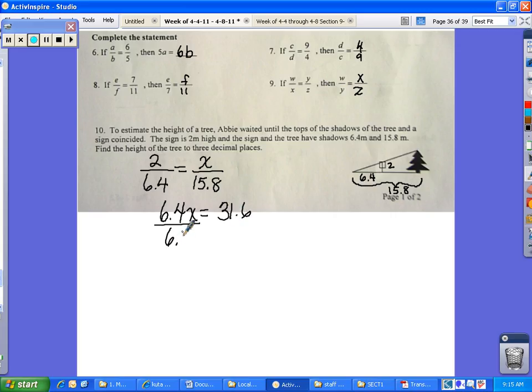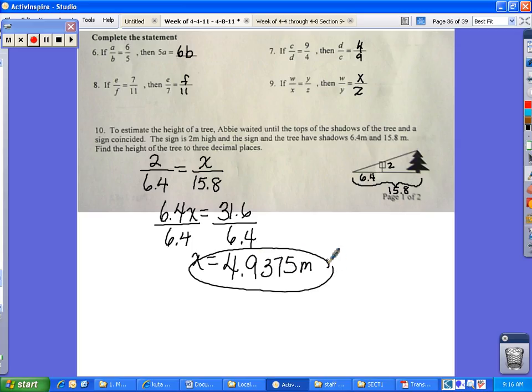Divide both sides by 6.4, and you get that x is equal to 4.9375. And that's meters. Okay.